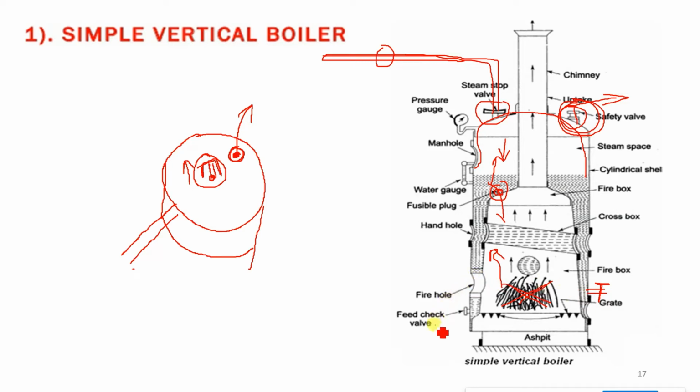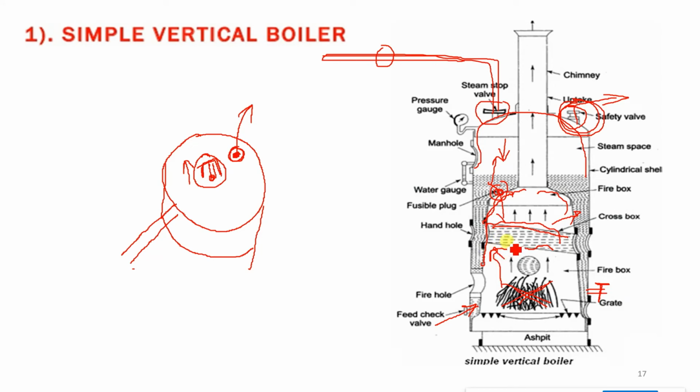When water is supplied from the feed check valve, water contains some impurities, and when water gets converted into steam, those impurities get separated from water and are deposited on the tube. It is deposited on the firebox. If it is deposited on the firebox, heat transfer from the firebox to water will not take place, and it will reduce the heat transfer rate.